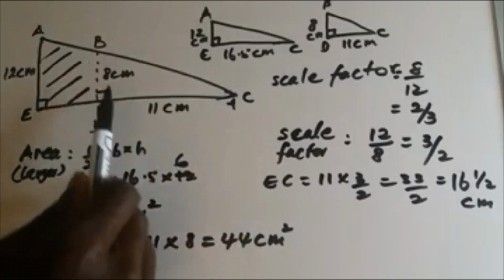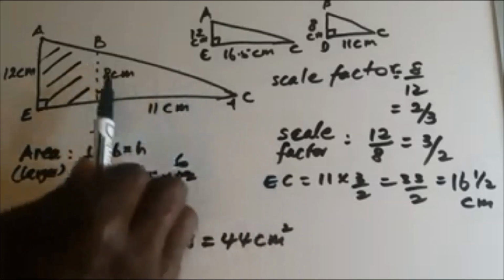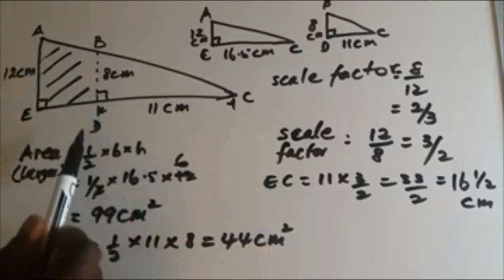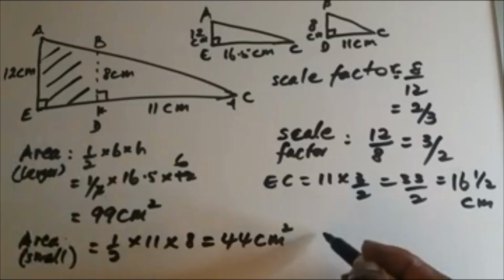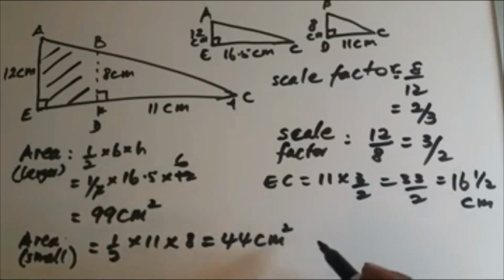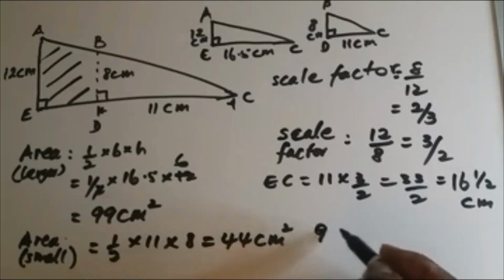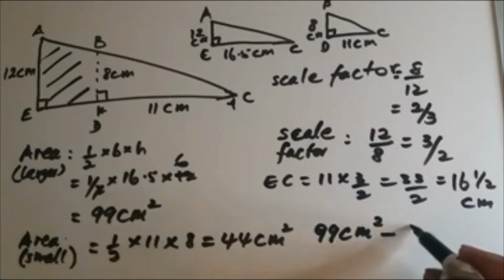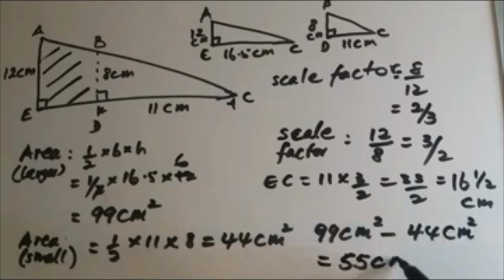So if we were to remove this unshaded area from this larger area, we'll have the area ABDE, the area of the trapezium, and that's simply done by subtracting the area of the larger, which is 99 centimeters squared, and we subtract 44 centimeters squared. This gives us 55 centimeters squared.